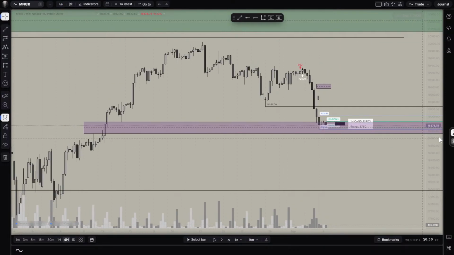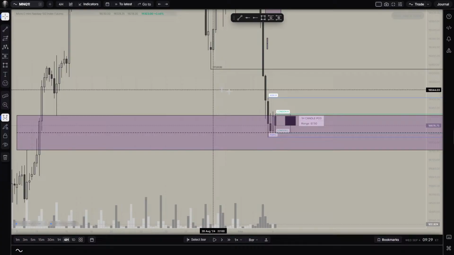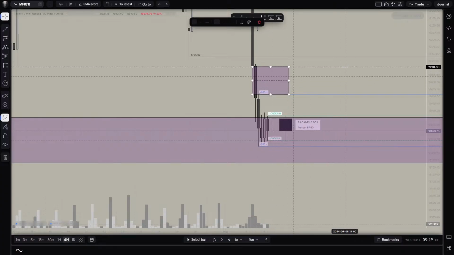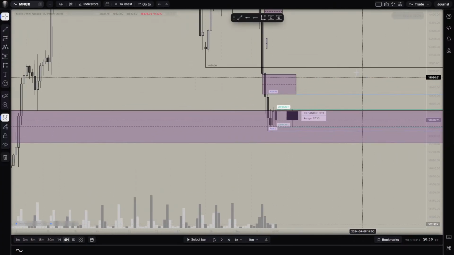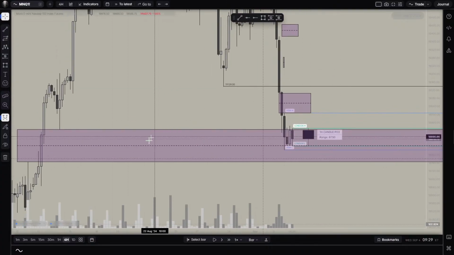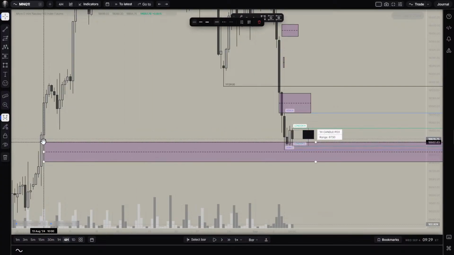And let's see on 4 hour. Yeah. So you have an unmitigated 4 hour gap, and price needs to retrace into that gap to move lower. And we are tapping into a higher time frame 4 hour gap also.